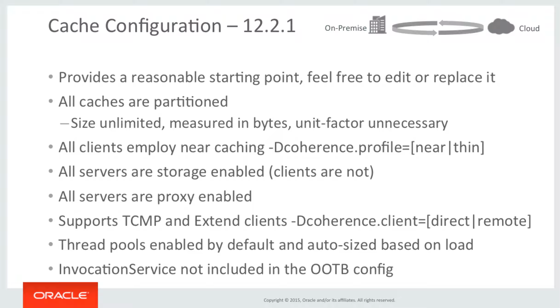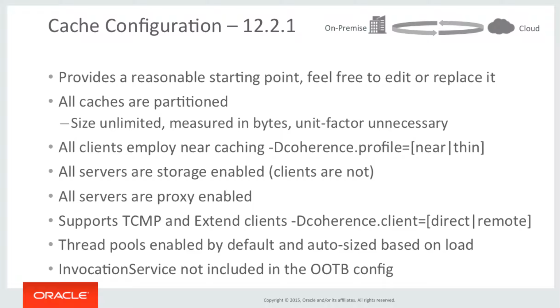When it's set to thin, you're reducing the footprint of the client. You're making it a thin client, and it will always have to go to the cache server to get its data. That system property is only known to the cache config itself. If you take a look at the default cache config, you'll see that property there. If you're using a custom cache config, that property has no meaning.